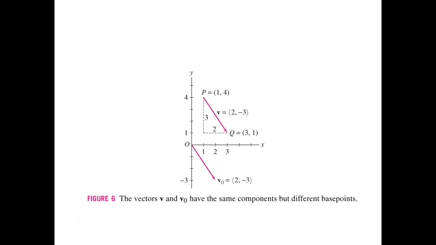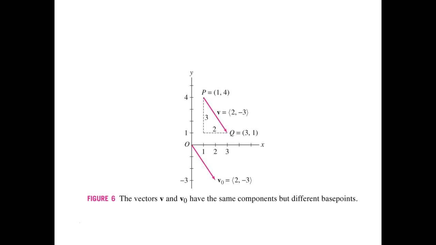So here's your initial point, base point (1, 4) for this vector V, and you go right 2 and down 3 from that to get vector V, <2, -3>, winding up with a terminal point. You go 2 over from 1, that gives you 3, and you go 3 down from 4, that gives you a 1. So this is the vector V, <2, -3>.